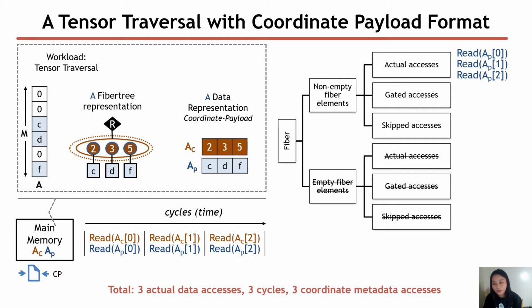You probably have also noticed that we have 3 extra accesses, which is to the metadata stored in the storage. So this is exactly what happened with this kind of data representation choice. By choosing a data representation format, you are essentially incurring overhead, both in terms of metadata accesses as well as metadata storage.